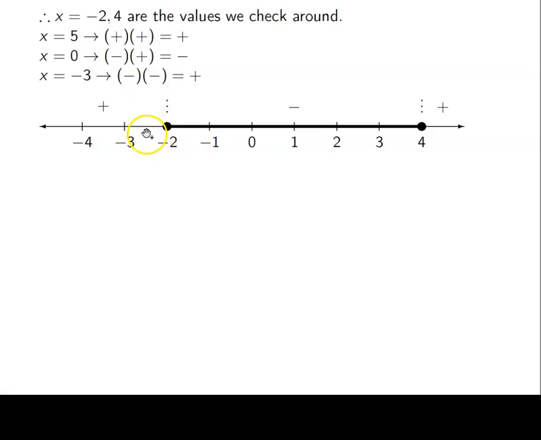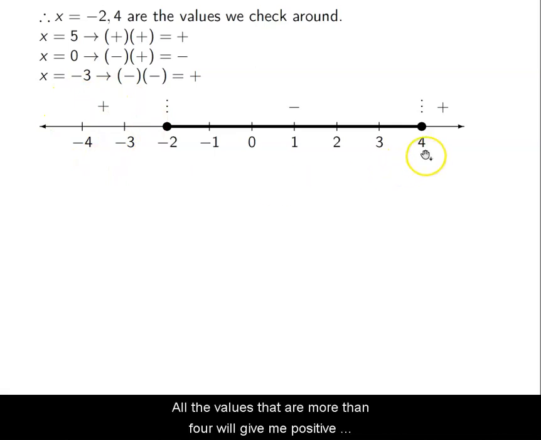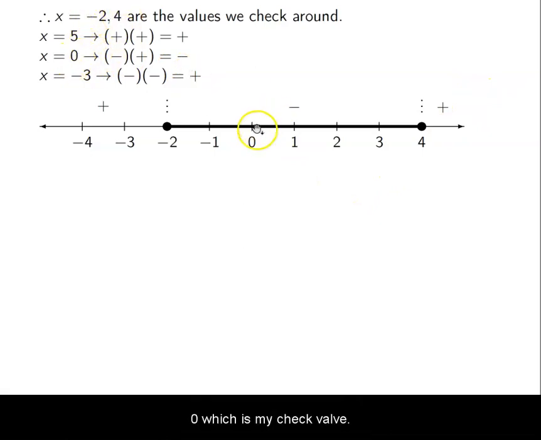So all the values that are less than -2 will give me positive values out. All the values that are more than 4 will give me positive values out. All of the values in between -2 and 4, including 0, which is my check value, will give me negatives out, okay?